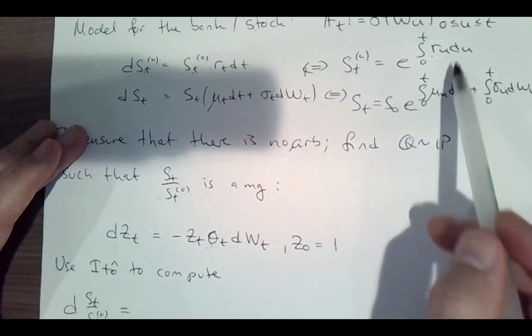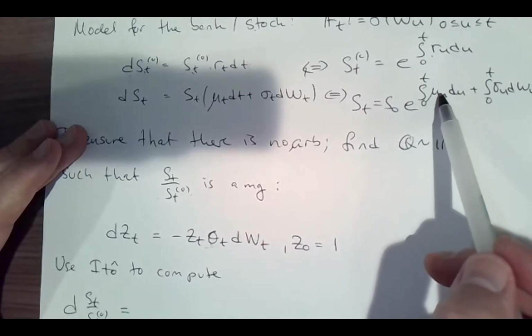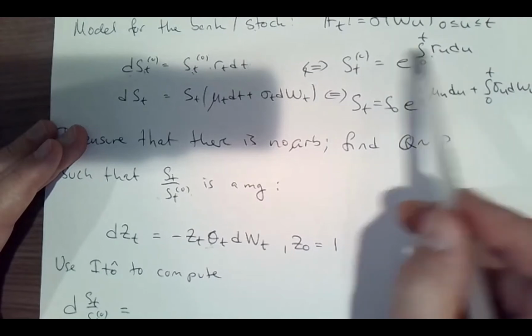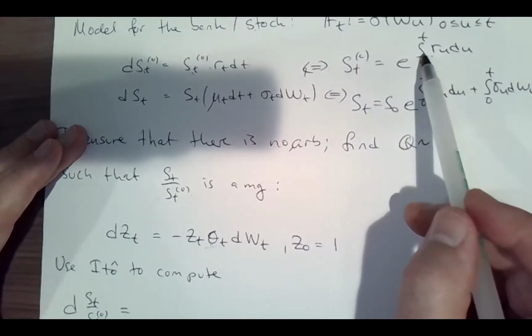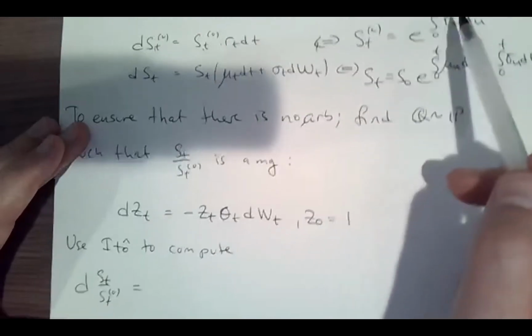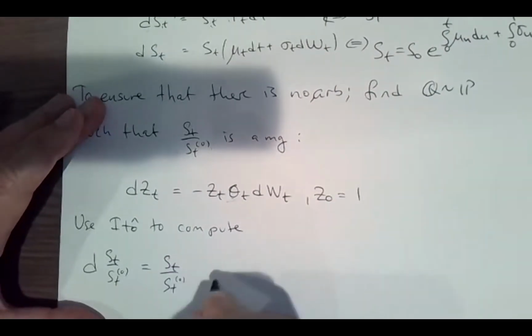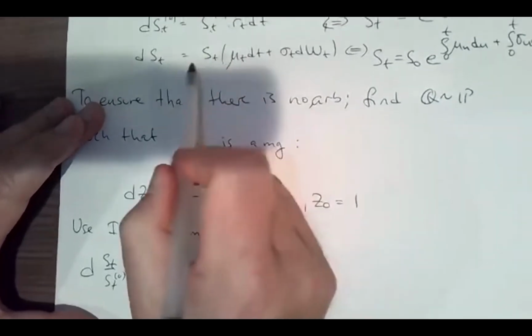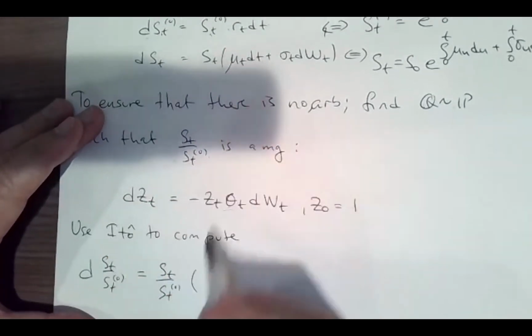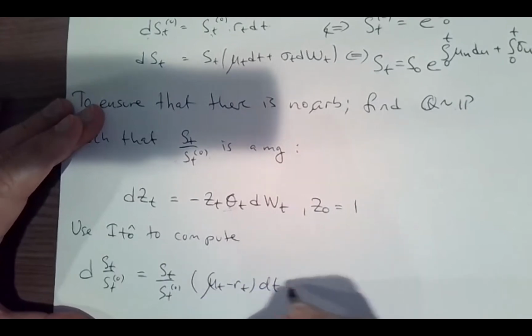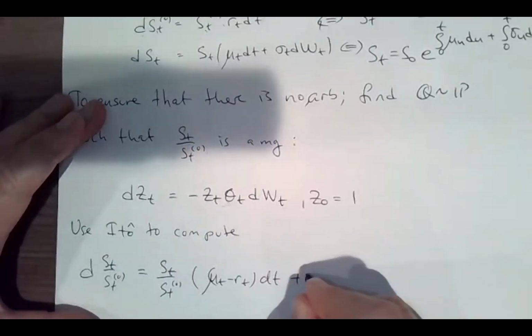So you can see the effect it's going to have is to replace mu by mu minus r, because dividing by an exponential is the same thing with a minus. So what we're going to get on the right-hand side is going to be exactly like S here, except mu is going to be replaced by mu minus r_t, and then plus the volatility sigma.